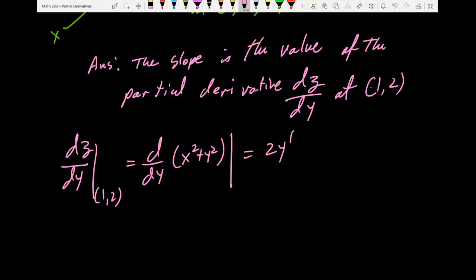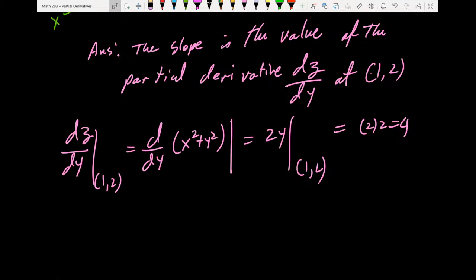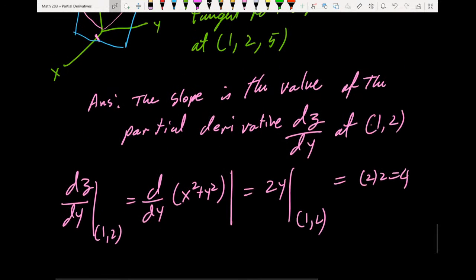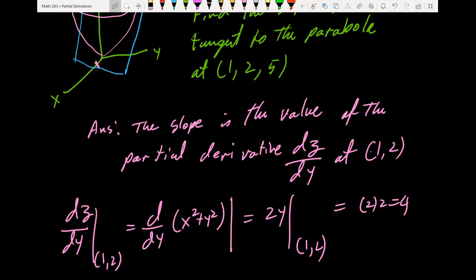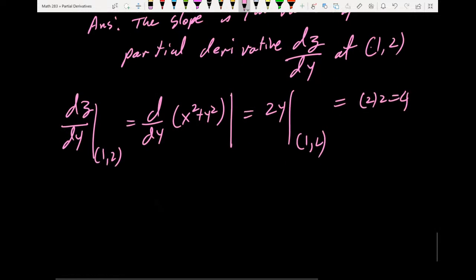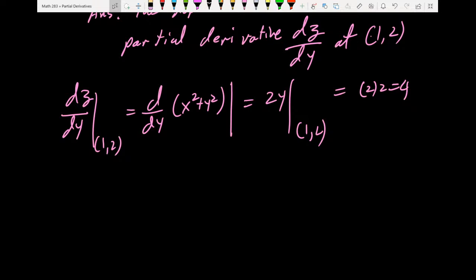It would just equal 2y at 1, 2, and y is 2, so 2 times 2 is 4. And that's it. So we have 1, 2, and then 5. I want to know the slope, what it would look like. Okay, and that kind of makes sense. Yeah, it's a parabola. What's happening on the slope?